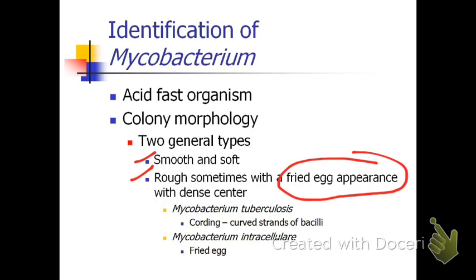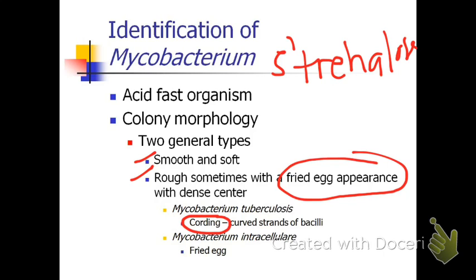The colonies would also have serpentine cord formation, a virulence factor. I forgot to mention that the sugar primarily responsible for the serpentine cord formation is trehalose. And Mycobacterium intracellulare would also have the fried egg appearance.